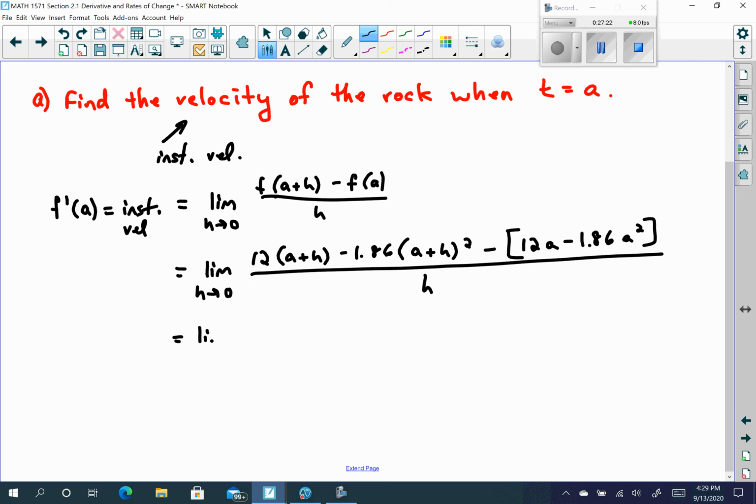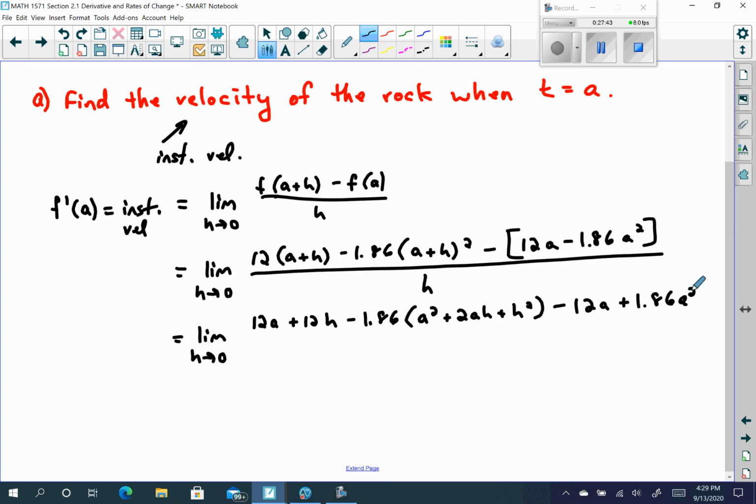All right, so continuing here, we'll get 12a plus 12h minus, we have to square the a plus h first, so it's 1.86 times a squared plus 2ah plus h squared. Then we'll have minus 12a and then plus 1.86 a squared all over h.